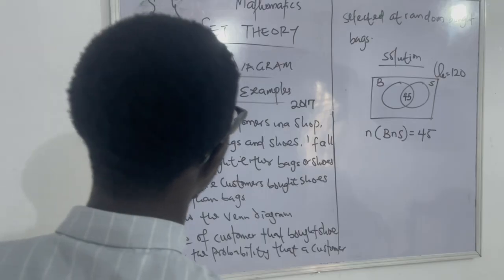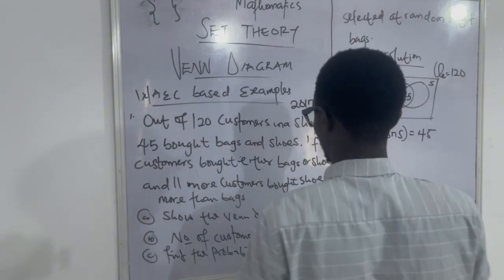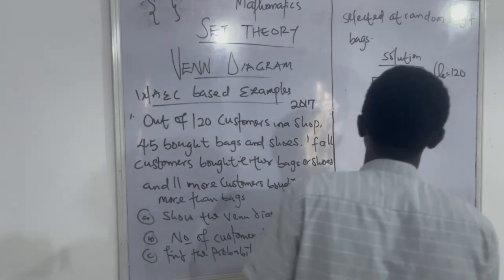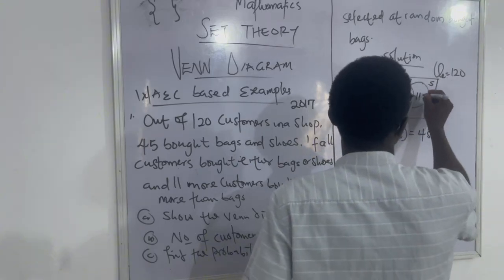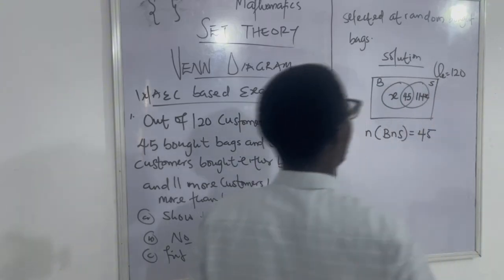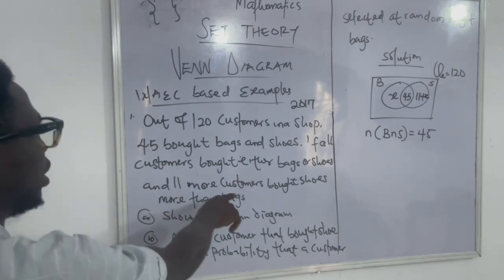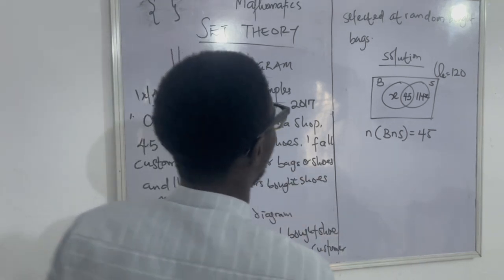Are we together? Meaning that if bought shoes than bag, if bag is X, shoes will be 11 plus X. Are we together? 11 more customers bought shoes than bags.